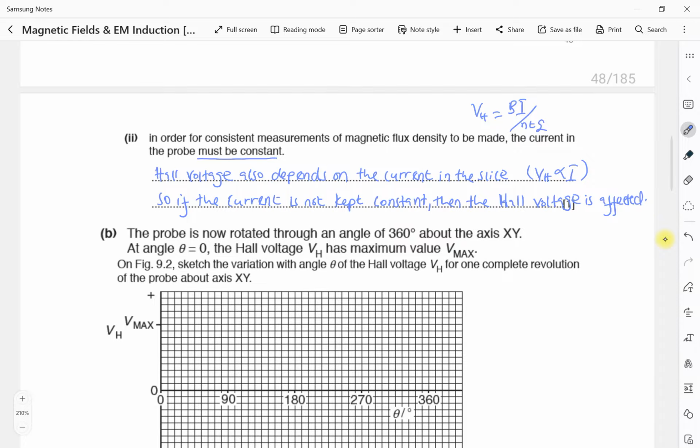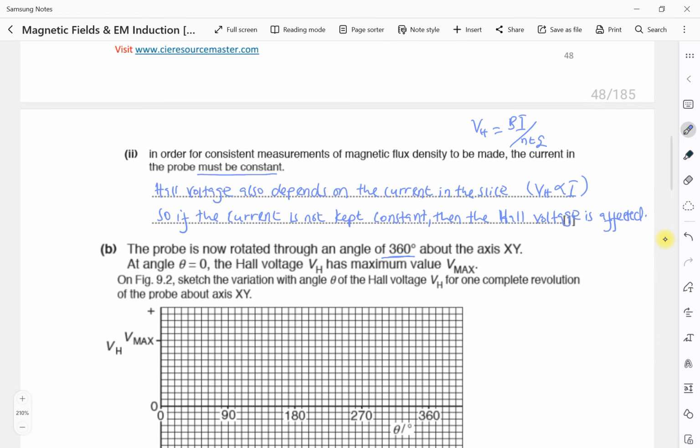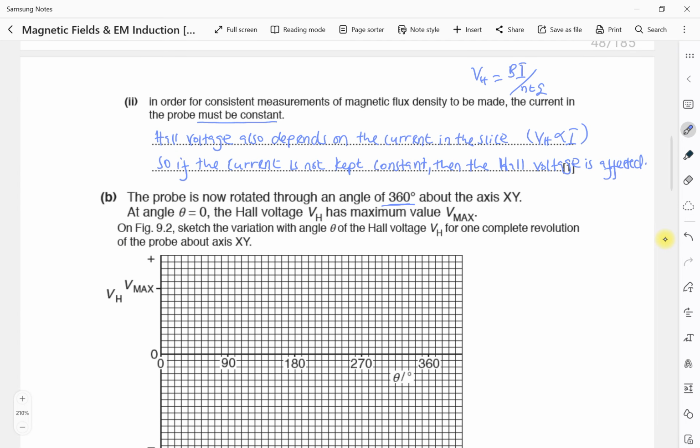The probe is now rotated through an angle of 360 degrees about the axis. Remember, it started from maximum. It was first held at a position where the Hall voltage is maximum. So when the angle theta equals 0, the Hall voltage V_H has the maximum value V_max.